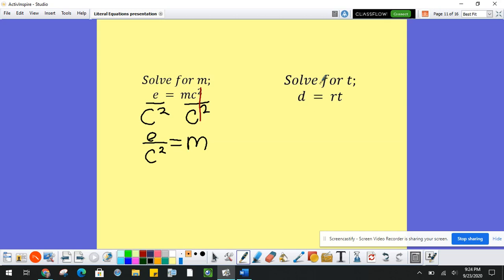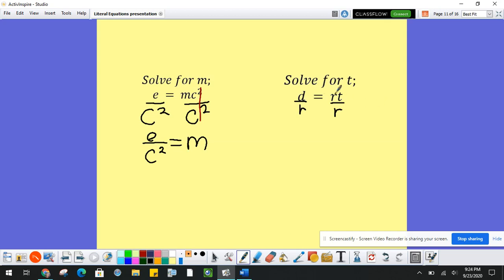Last example, solve for t. First, where is t? It's on the right-hand side. It's being multiplied by r. The inverse of multiply is divide. So I'm going to divide by r on both sides of the equal sign. Divide by r, divide by r.